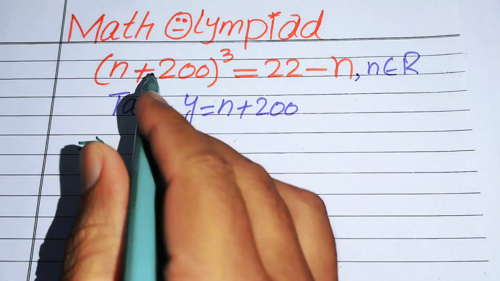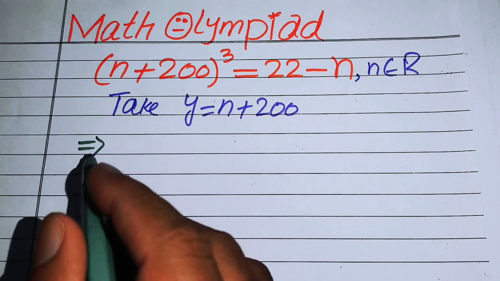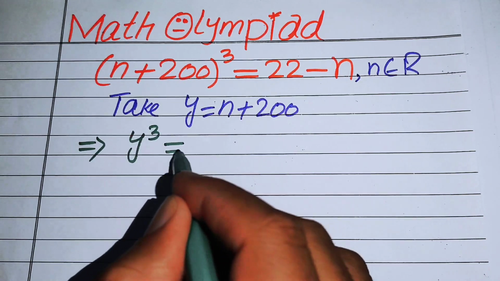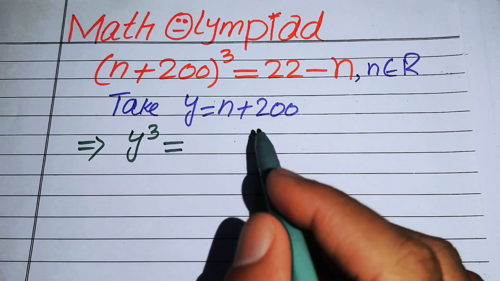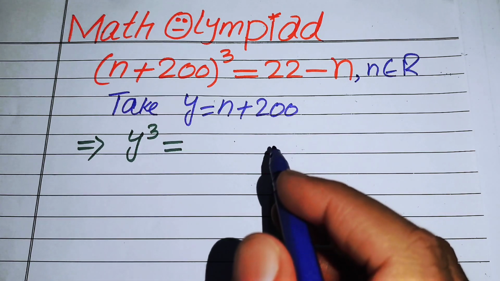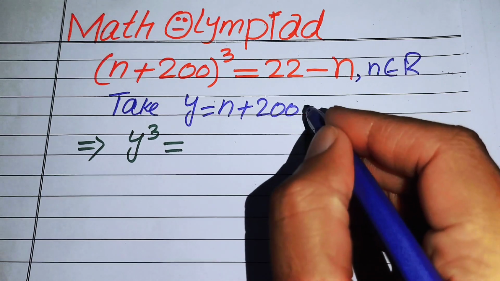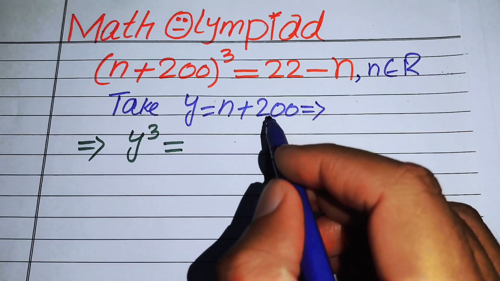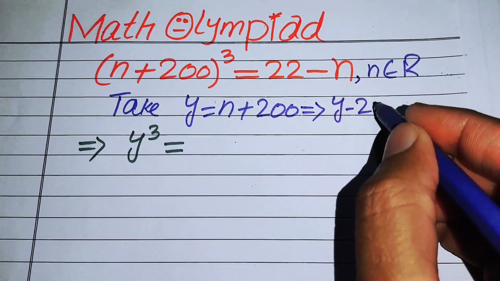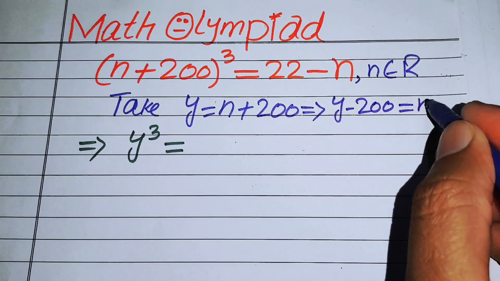So our given expression will become y cubed equals, and you remember one thing: when we take y equals n plus 200, then you will find the value of n, and we move this 200 to the left hand side, then you have y minus 200 equals n.